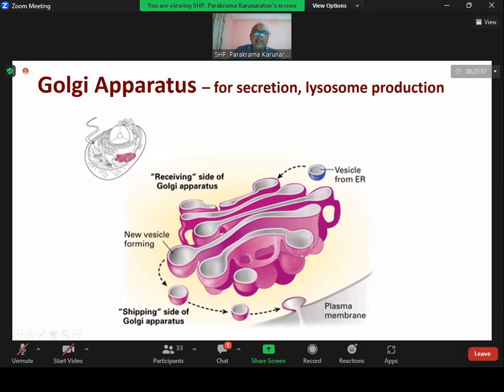For example, on either side of the mouth you have parotid glands, and in those cells this happens. So the function of the Golgi body, or Golgi apparatus, is secretion.